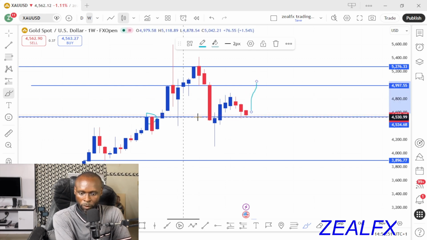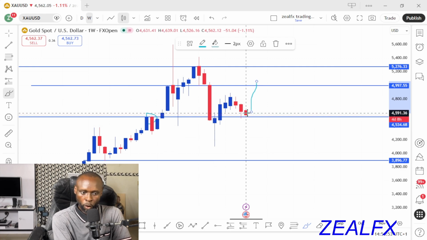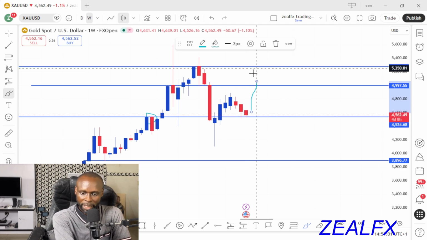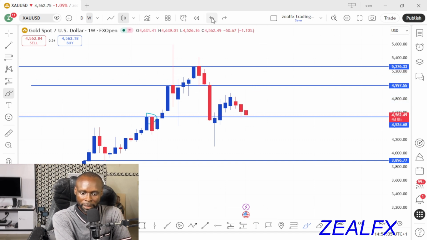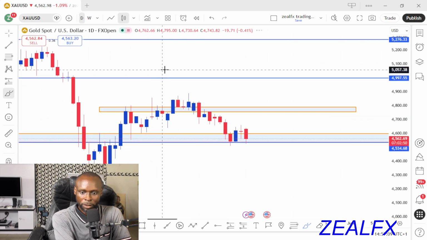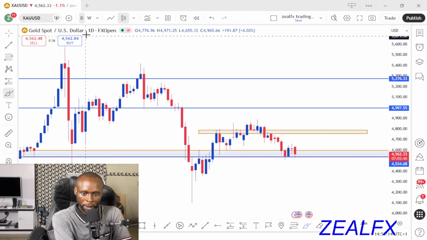So long as price is currently reacting to this level, our job now is to go to our lower time frame and look for a strong key level where we can look for our buying opportunity from gold to the next resistance level. So let's go to the daily time frame to look out for that zone that can trigger this next big move on gold USD.